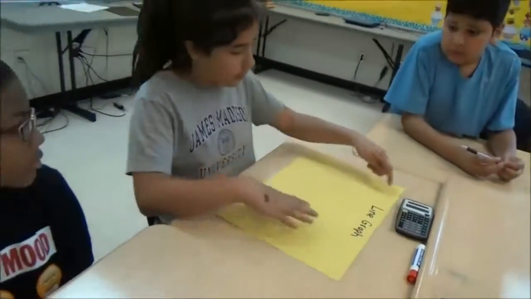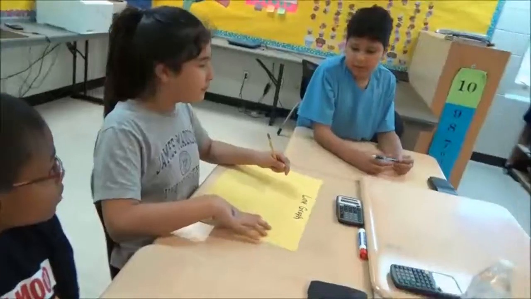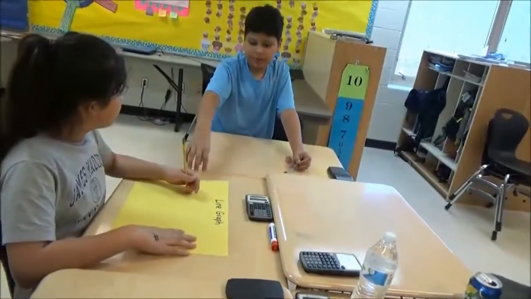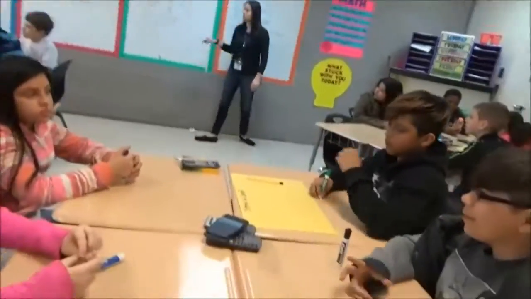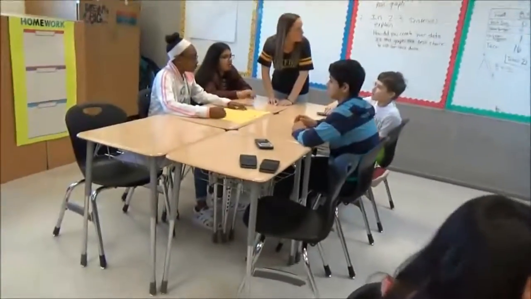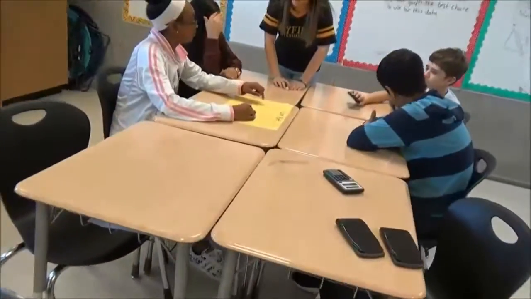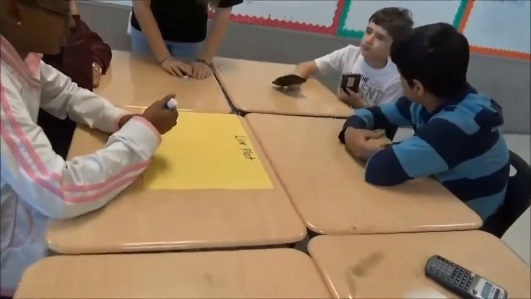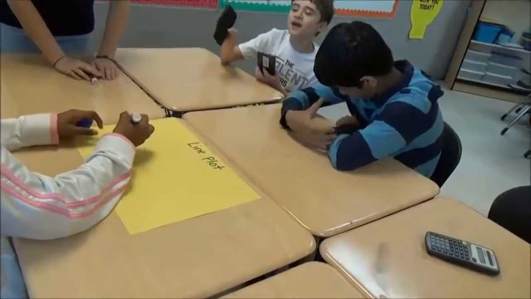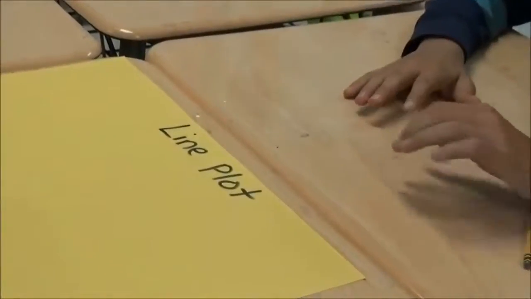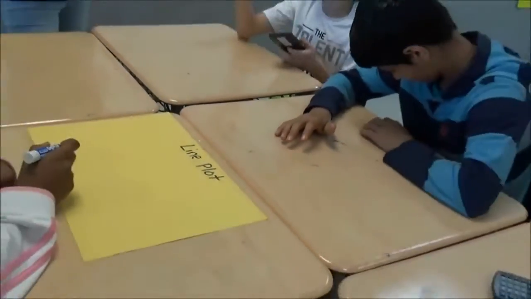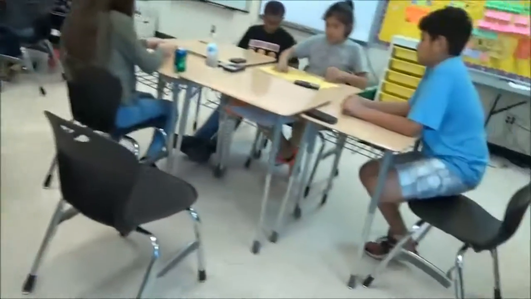Create, yeah, and then you don't create a box, you can just create an L. Okay, very good. In this case, it would be tacos, hot dogs, and chicken. Very good.